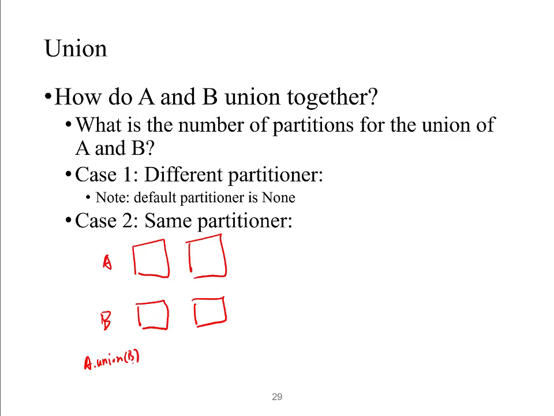For the first case, they are using different partitioners. In this case, the number of partitions would be the sum of the number of partitions of A and B. So in case 1, it should be 4 partitions.